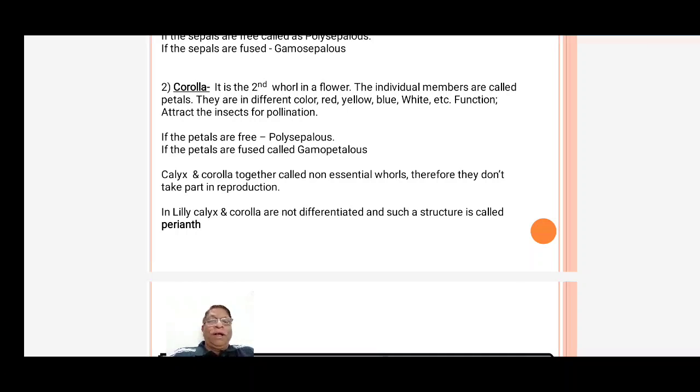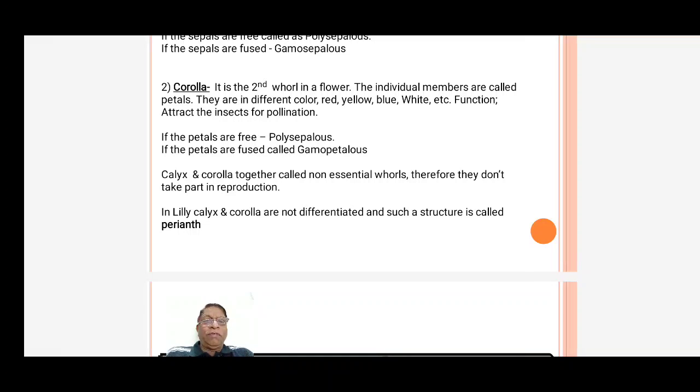In case of lily, members of the family Liliaceae, and even Michelia, the calyx and corolla are not differentiated, and such a structure is called perianth.